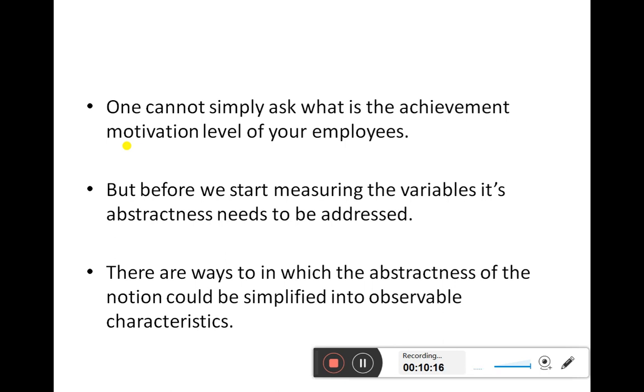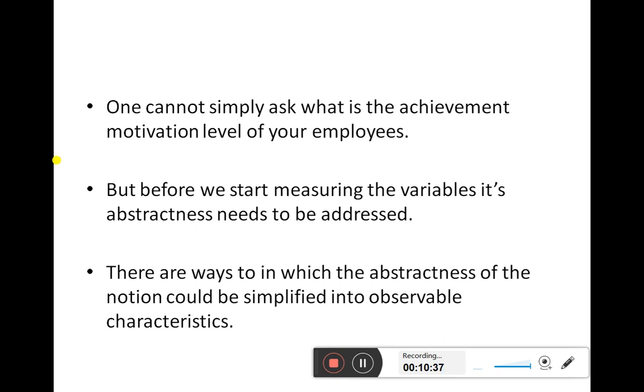Look at the different terminologies I am using. Yes, I am basically measuring the motivation level, but this motivation level is actually abstract in nature. Such kinds of variables are very difficult to measure.